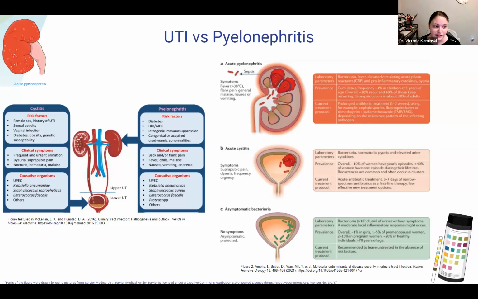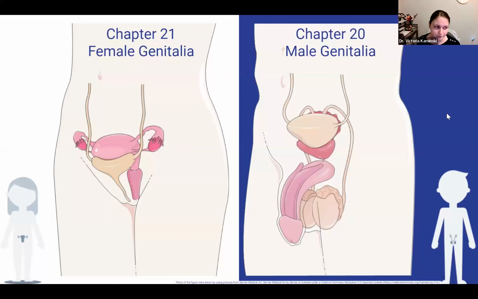But specifically, when you're considering whether this is cystitis, that's usually a lower GU condition, whereas pyelonephritis is an upper condition at the kidney level. Pyelonephritis is almost always accompanied by high fever, vomiting, back pain, and chills, on top of those already existing urinary symptoms. So great information here for you to review.